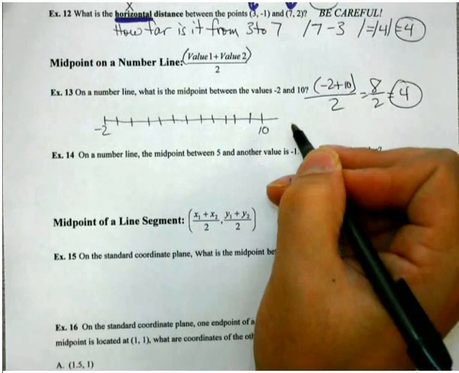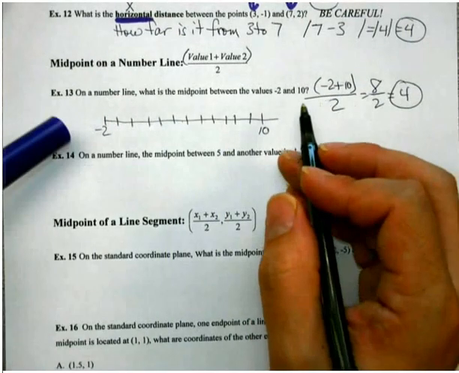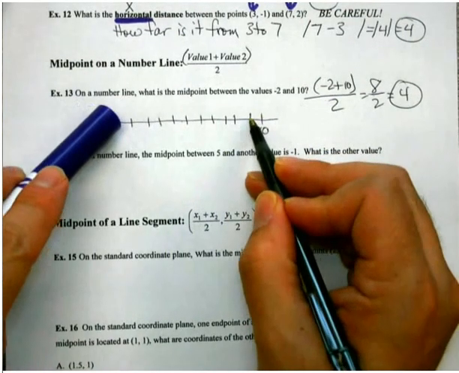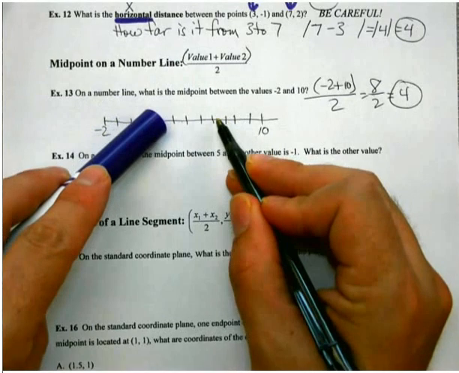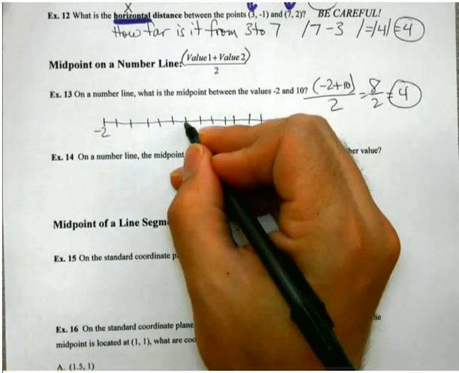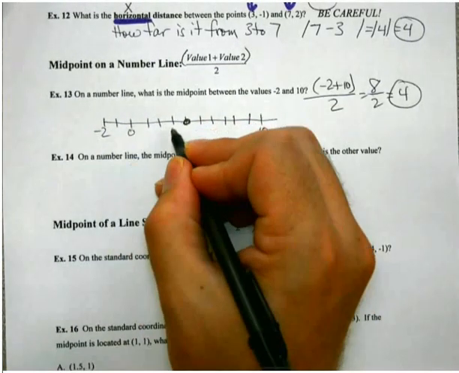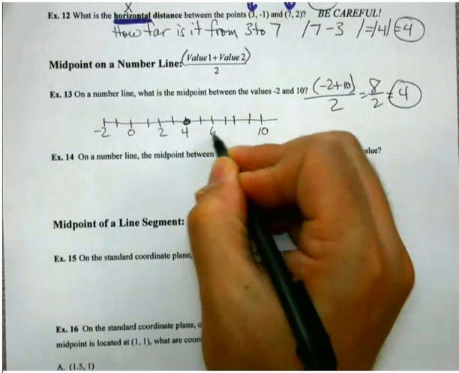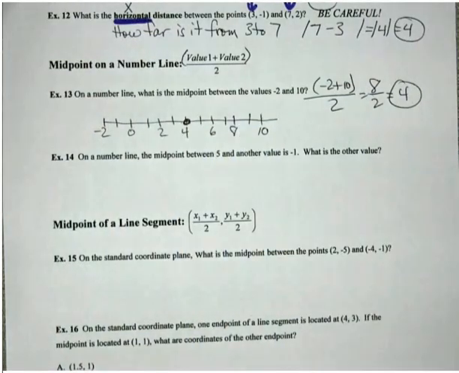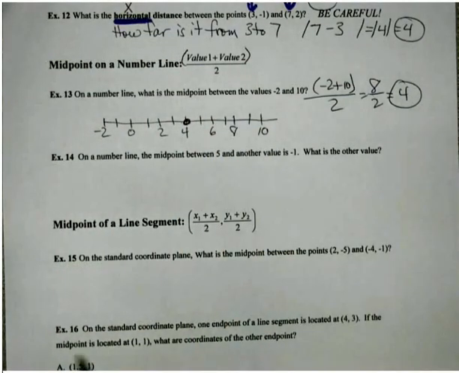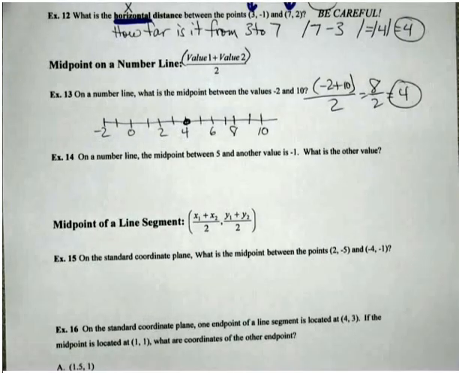Here's 10. In this case, I would start at the ends of each and work my way towards the middle until my fingers came together, and I still end up with 4. Okay? Visual, formula, doesn't matter. Right answer for everybody.